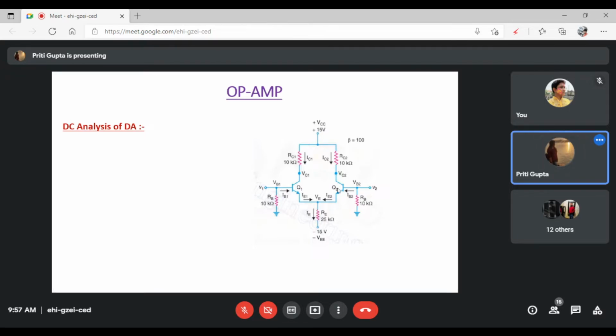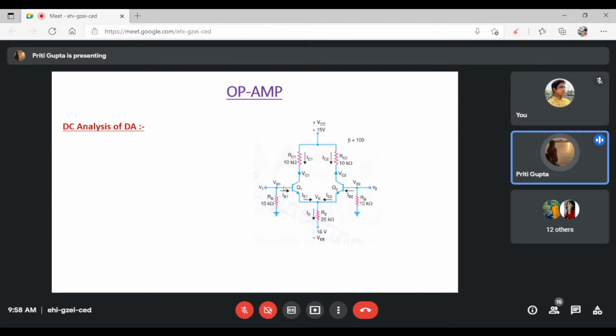Okay? Got my point? Yes, ma'am. Now see, VBE is equal to VB minus VE. From here we know VB is equal to 0. Substitute over there. In the place of VB, write down 0. And in the place of VBE, write down 0.7 volt.